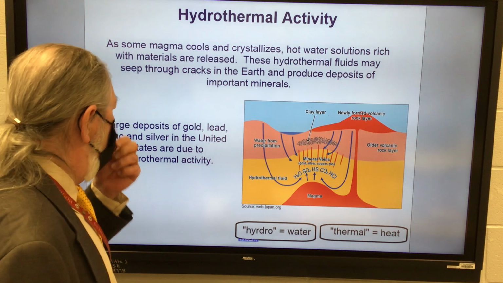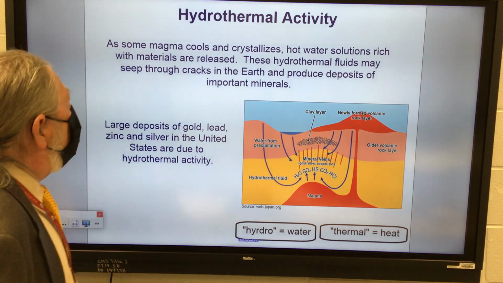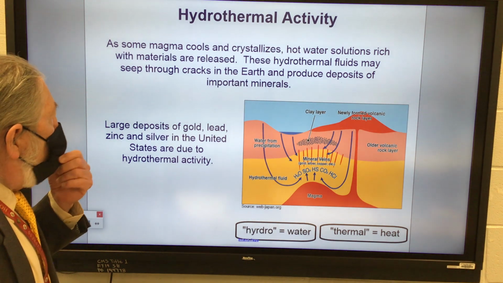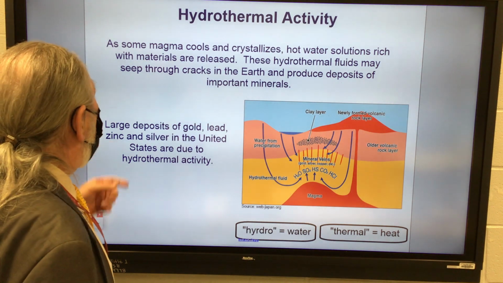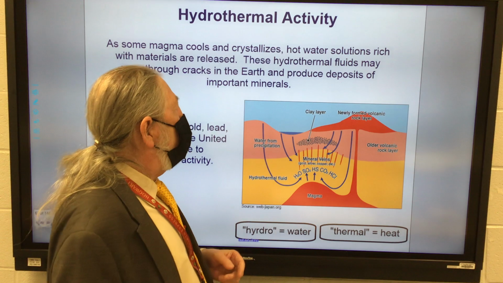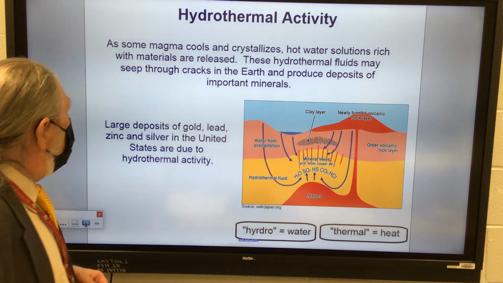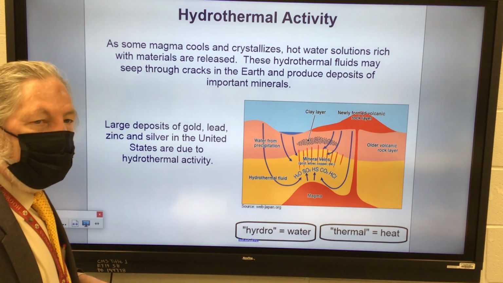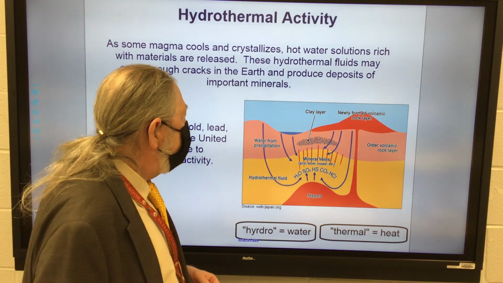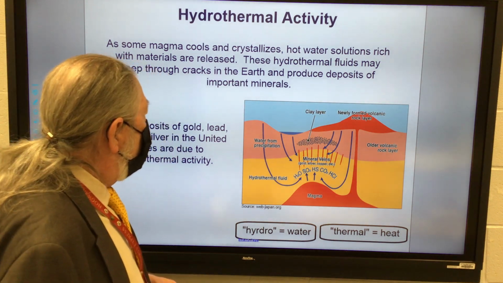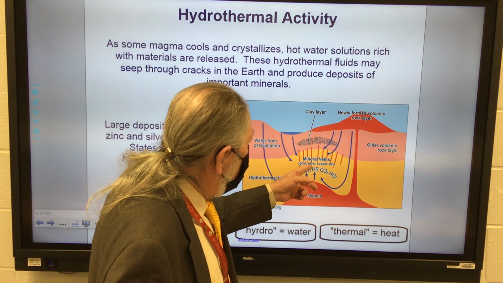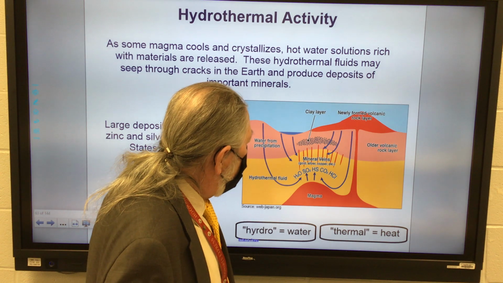So hydrothermal activities. As some magma cools and crystallizes, hot water solutions rich with minerals are released. And these hydrothermal fluids may seep through cracks in the earth and produce deposits of important minerals. You can see here, these are gold, silver, copper, and so on.